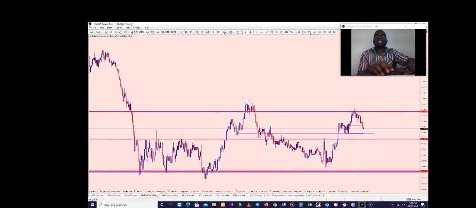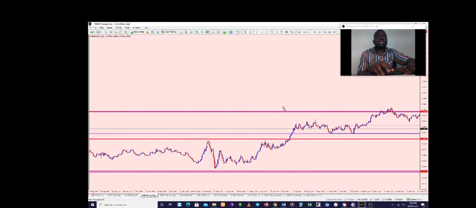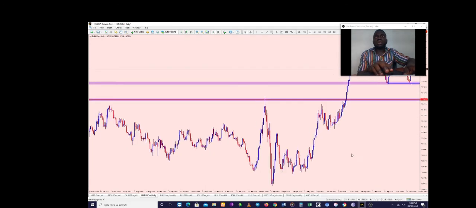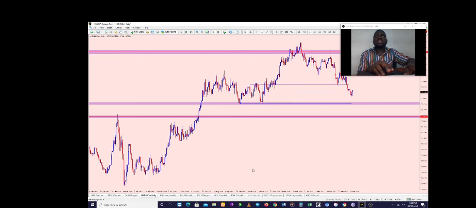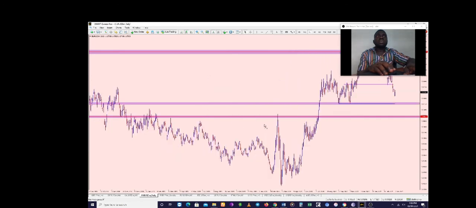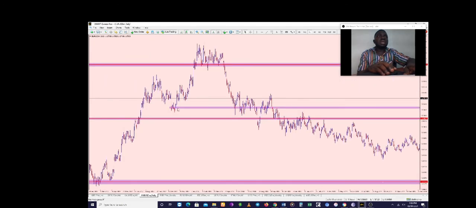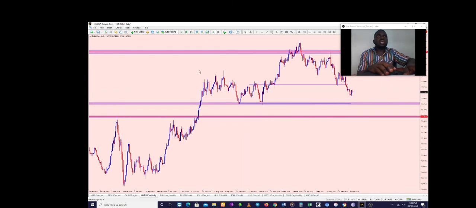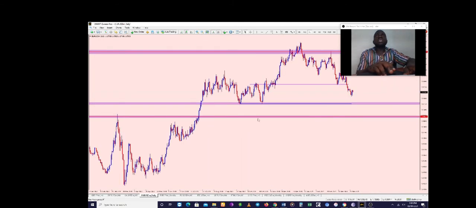So when I go to the daily time frame, clearly you see that we have more levels to look out for. When I zoom out a little bit, you can see the levels that I've been looking at. When I zoom in a little bit, you see. So in the daily time frame, here I am with the support and resistance I drew in the weekly time frame. Now in the daily time frame, you could see that I have a support here.